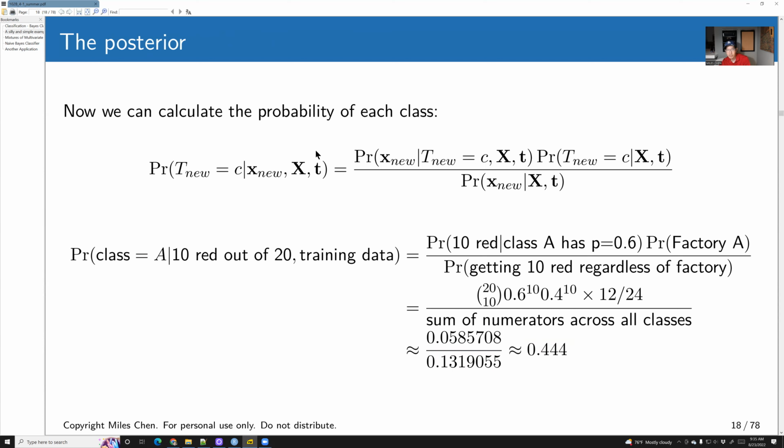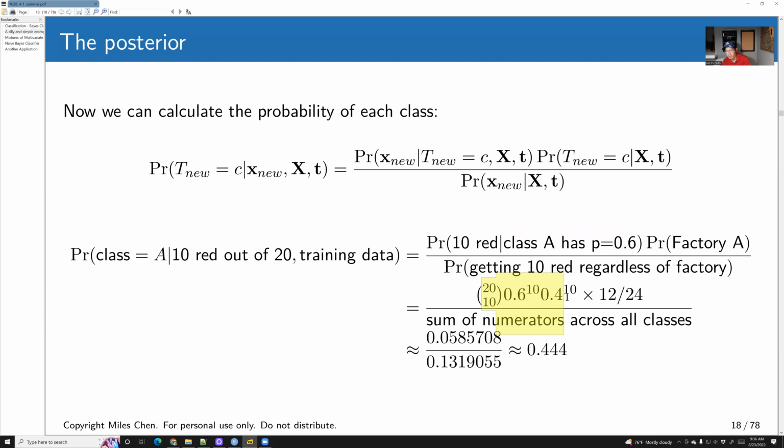If I wanted to expand this out to match the formula, we're asking, what is the probability that our observation belongs to class A, given the data that we saw? The data that we saw was that we got 10 red marbles out of 20 marbles, along with all of our training data. So to answer this, we asked, what's the probability of getting 10 red marbles if it came from class A, which has a probability of 0.6?